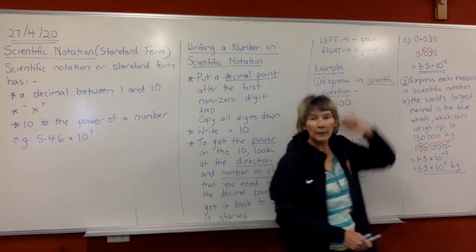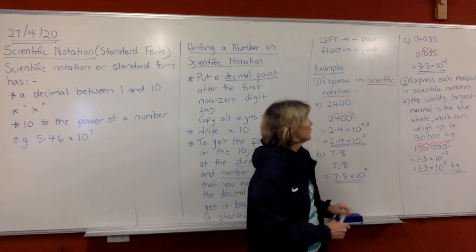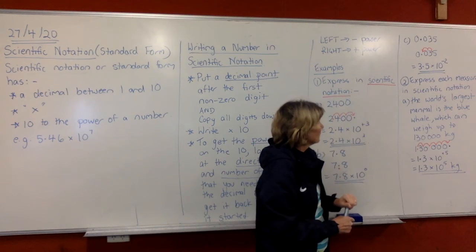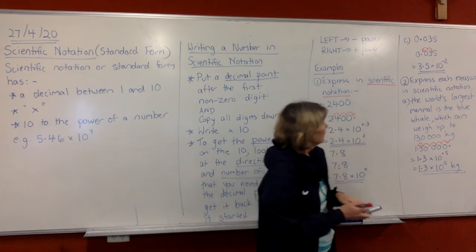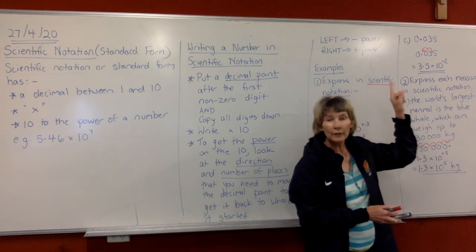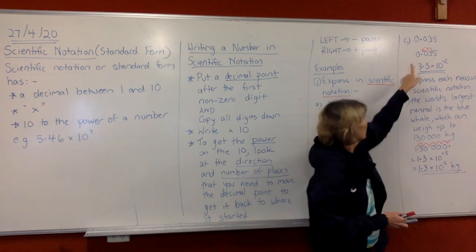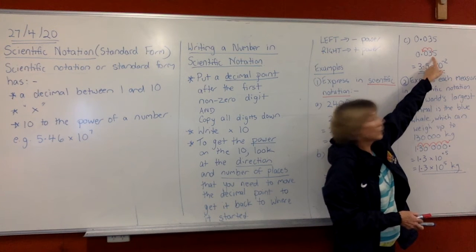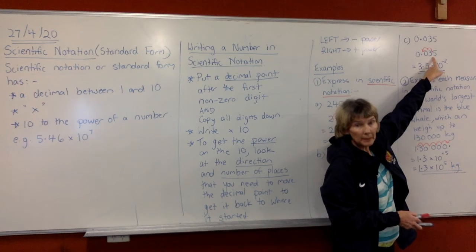All right, this next one, we have 0.035. We're going to copy it down again, 0.035. So we're going to get our red pen and put the decimal point after the first digit that's not a 0. 3 is our first digit that's not a 0. We're putting our decimal point after that with our red pen.